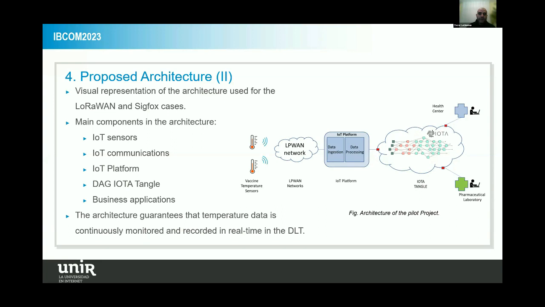The IoT platform ingests and processes the data from the sensors, recording the temperature data and alarms in the DAG for real-time or near real-time monitoring. The DAG is where the temperature sensor and alarm information is securely stored, allowing open access to view the real-time status of the vaccine or the cold chain for the users.